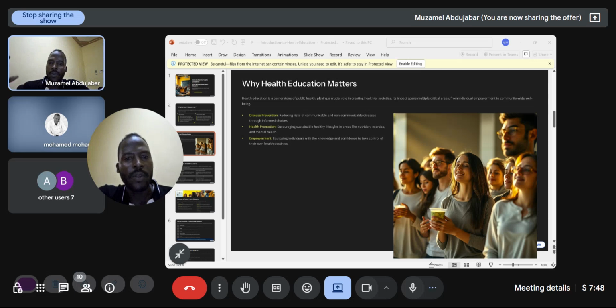One of them is to prevent the disease, to stop outbreaks and epidemics. This is disease prevention. By health education, you can stop this, or we can protect ourselves, our community, or our people from that disease. Secondly, health promotion for those who have good health: how you can sustain this, how you can encourage those people or community to keep their health.